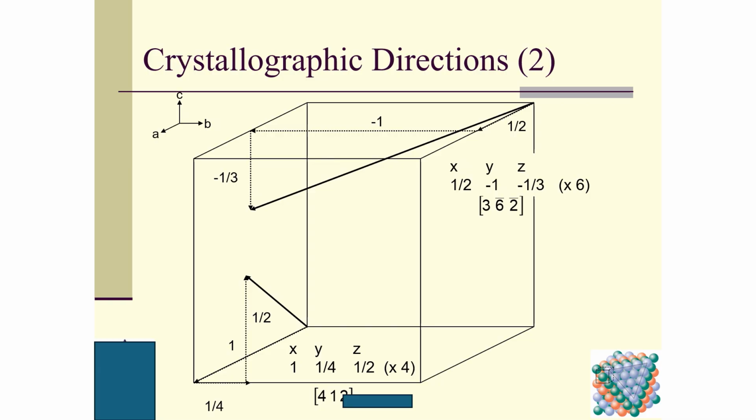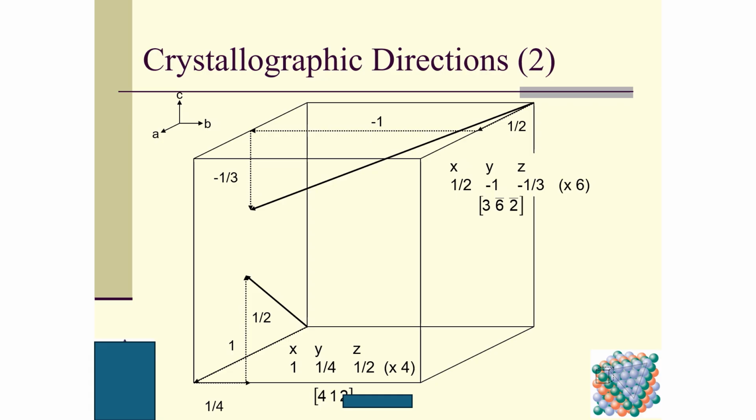So here are several examples of how to calculate crystallographic directions. I suppose this is the origin, x, y, and z. Here, x is 1 on the front surface, y equals 1/2, z equals, I'm sorry, z equals 1/2.